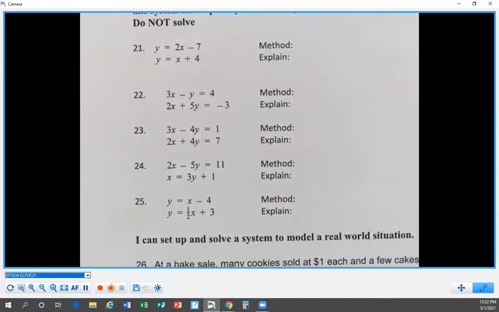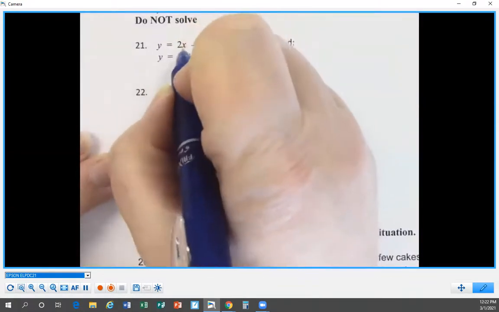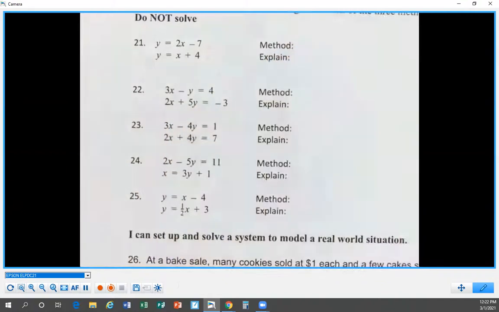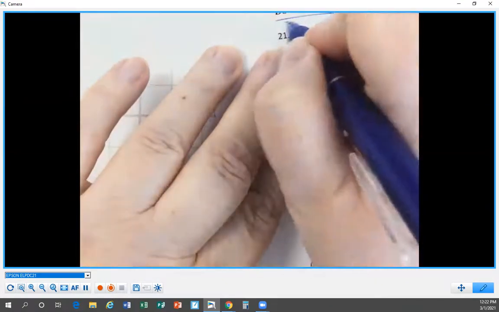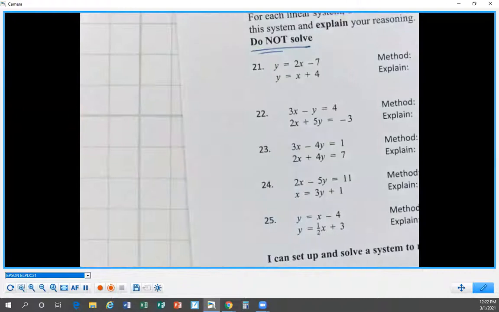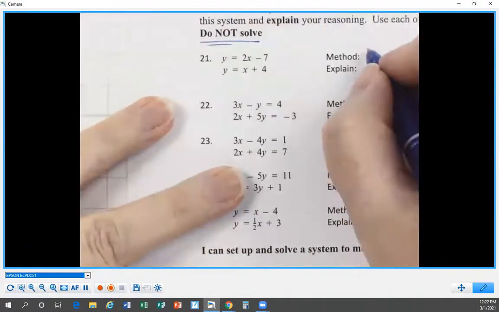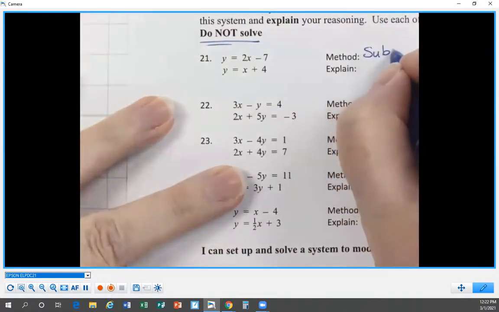You can do a simple substitution where they're both equal to y, they're both equal to each other. So we would use substitution for this and say 2x minus 7 equals x plus 4. Again, we do not need to solve these, we just need to say how we would solve them and then give our explanation. So for this 21, we would use substitution.